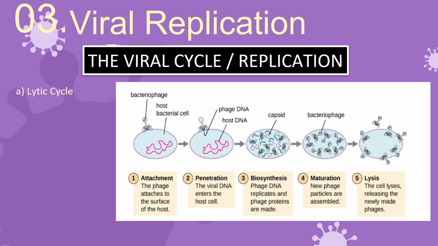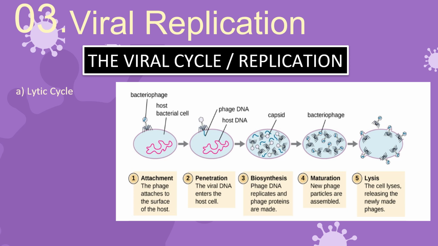So as the name connotes, lytic, meaning the cycle will always end in the lysis or bursting of the host cell after all the steps in the cycle have finished.